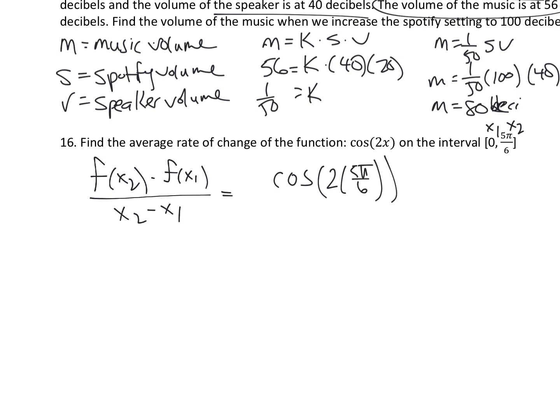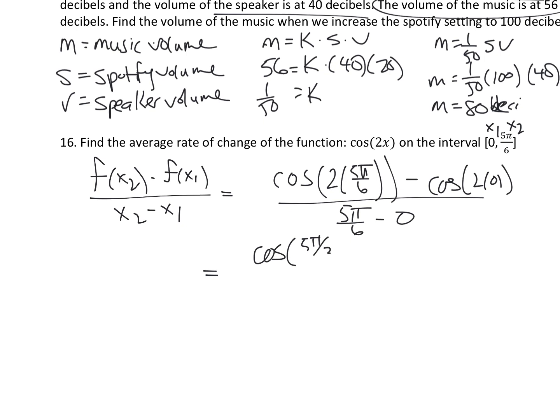However, when I actually multiply it by the 2 in front, I get cosine of 5 pi over 3, cosine of 0. So cosine of 5 pi over 3 is right here, and so that would be the 1/2 value.